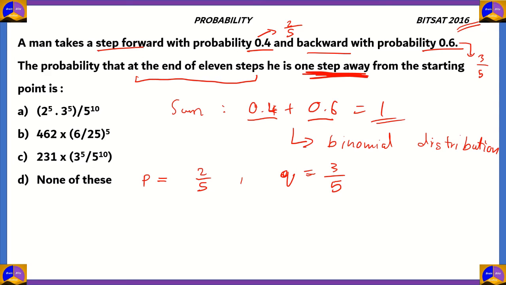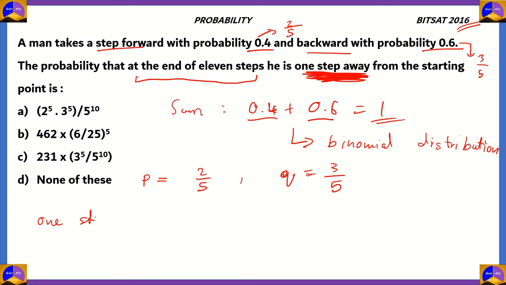Now, moving on, in the question, it says that at the end of 11 steps, he is 1 step away from the starting point. So that's the condition that we need to take. Now remember, in the question, it says 1 step away.